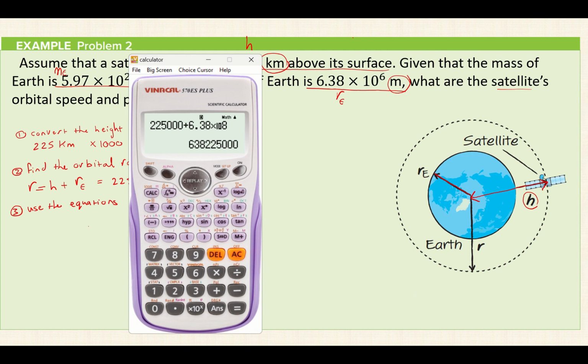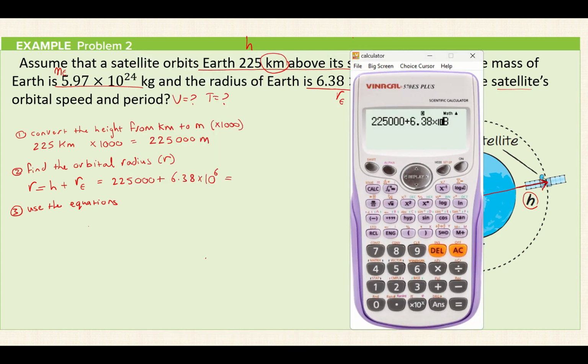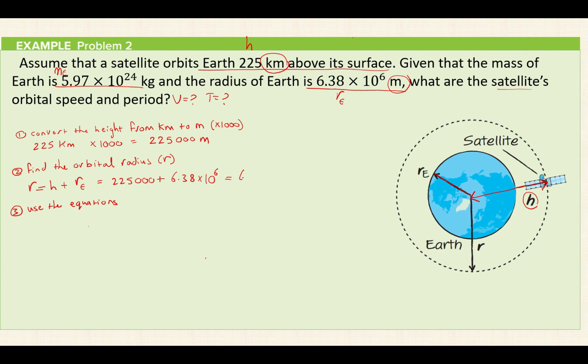Use the calculator again, correct the mistake. Instead of 8, we put 6. We get 6,605,000 meters. So this is the orbital radius, which is the distance between the satellite and the center of Earth.